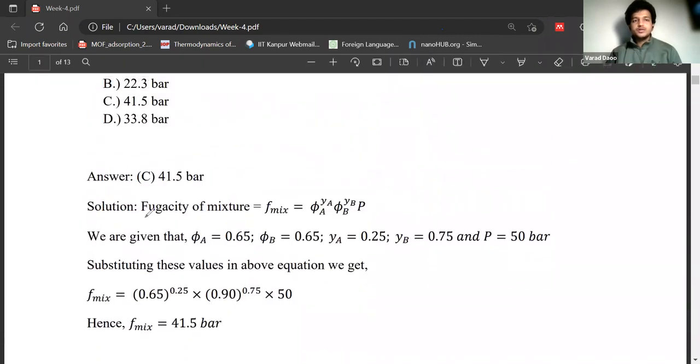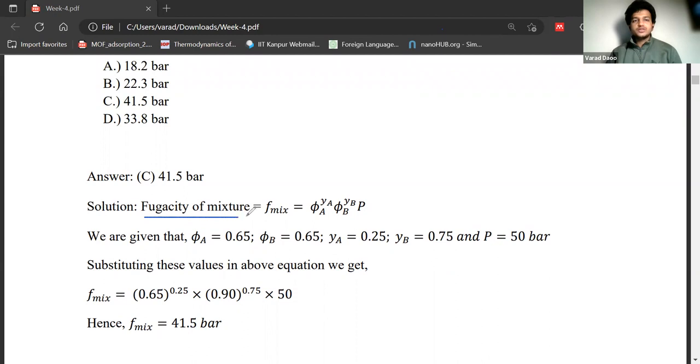The solution is, so we know that the fugacity of a mixture, let us denote it by f mix, is given by phi A into phi B into P_T, where phi A is the fugacity coefficient of component A in a binary mixture having a mole fraction of yA. Phi B is the fugacity coefficient of component B in a mixture having a mole fraction of yB.